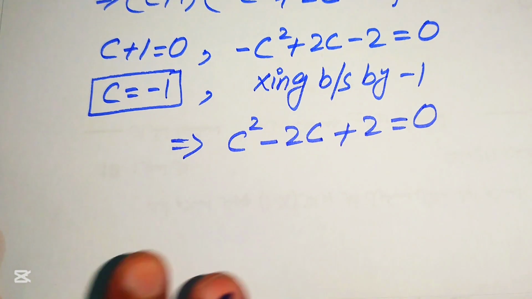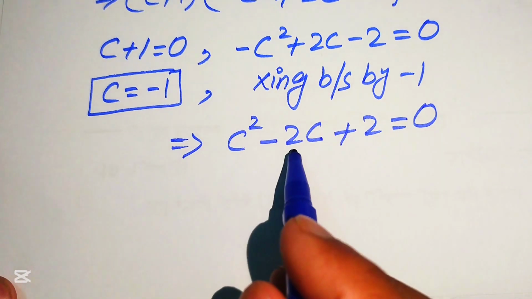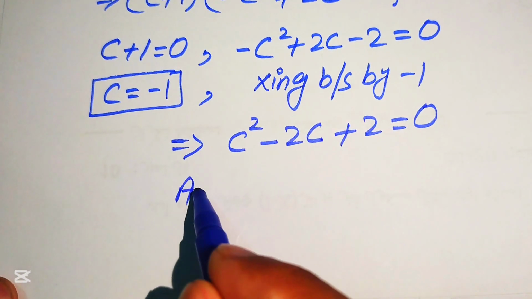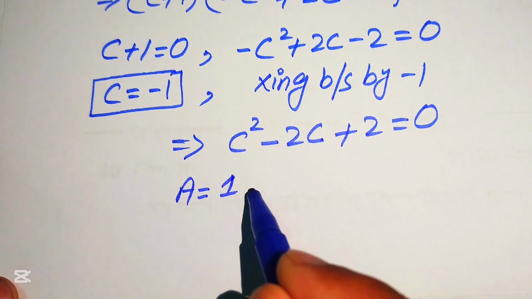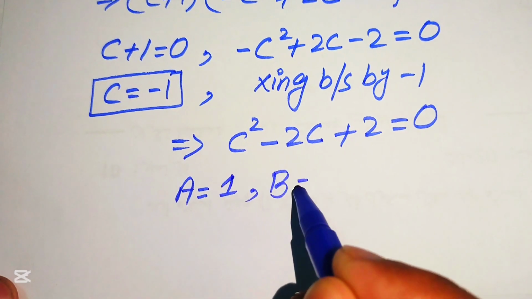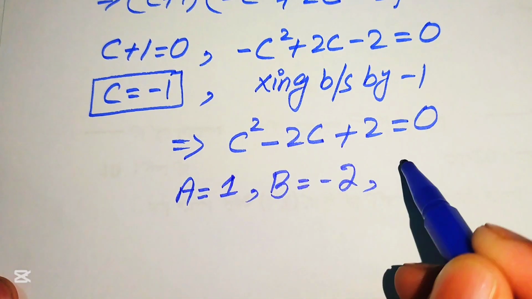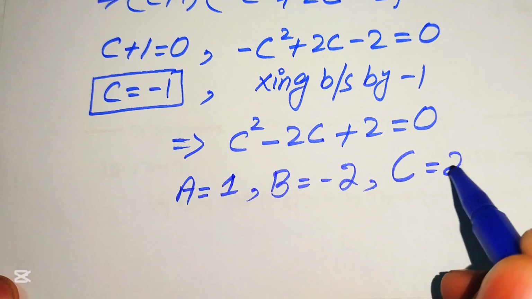So this is the quadratic equation, and its coefficients are a = 1, b = -2, and c = 2.